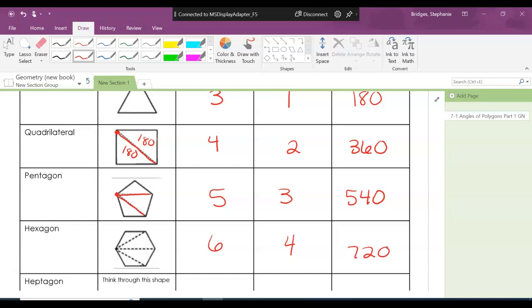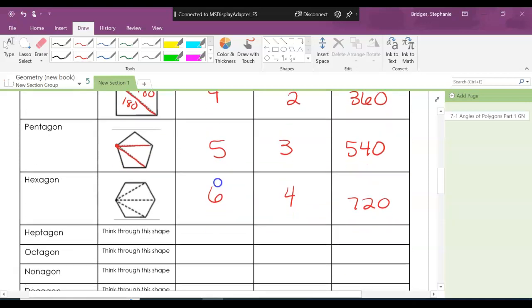If I have 4 sides and 2 triangles, what's the difference? 2. If I have 5 sides and 3 triangles, what's the difference there? 2, right? If I have 6 sides and 4 triangles, what's that difference? 2. So do you notice how the number of sides is always 2 more than the number of triangles? Did everybody notice that?